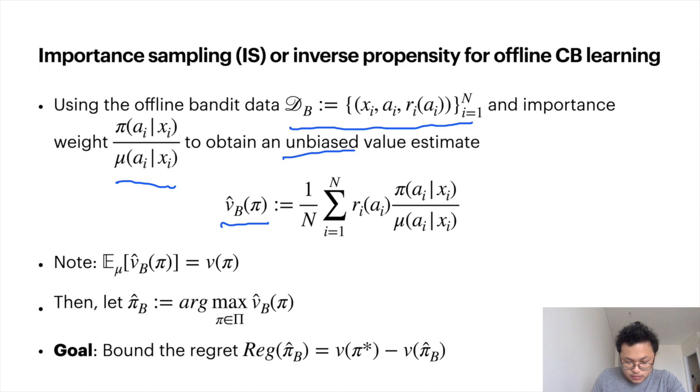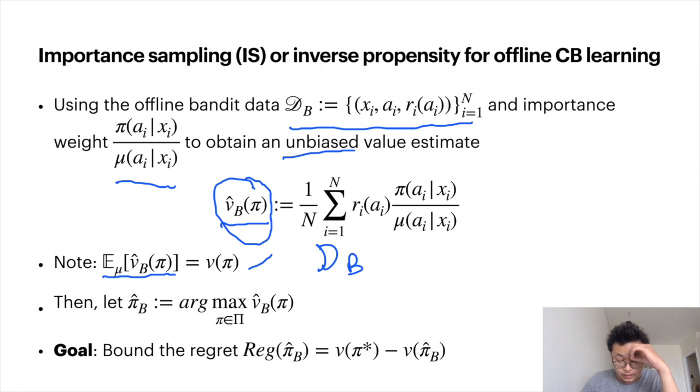Because if you take the expectation of V hat pi using the behavior policy mu, you get V pi here. Just to note that V hat B pi here is a random variable of the offline data D, okay?